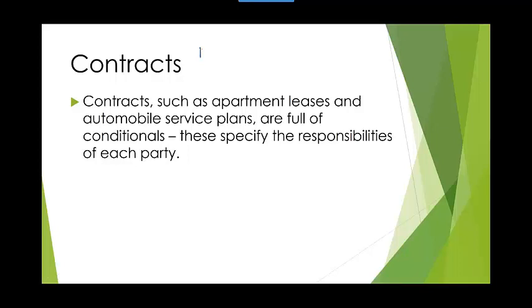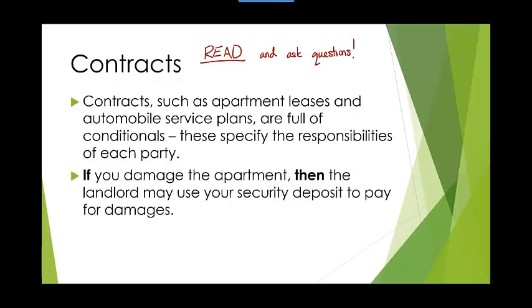And so again, I'm going to do this in red, the big takeaway here for the contracts, regardless, is that you should always read it. Even though they tend to be rather long and boring, you should read. And not only should you read, you should also ask questions. You should ask them to clarify what they mean by the different parts of the contract. And you especially want to pay attention to all the fine print, all those details that they have in the contract. Make sure you understand exactly what it is that you're getting into.